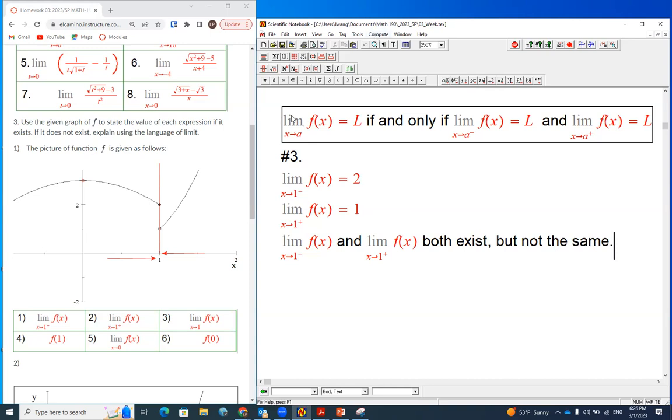When you look at this relationship, they both exist, but they're not the same. They have to exist and be the same in order to declare the limit exists. And so in this case, we will declare the limit as x approaching 1 does not exist.